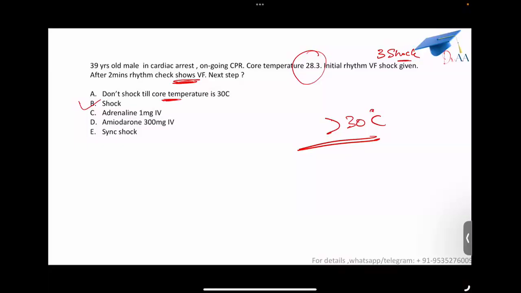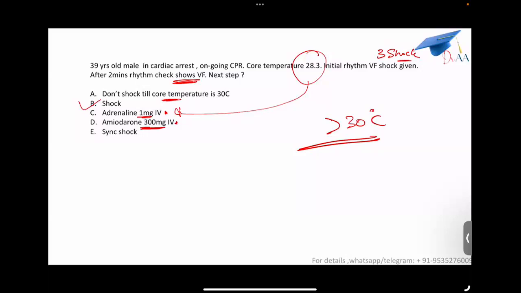Adrenaline, can we give adrenaline or can we give amiodarone? So what will be the next best step? If after 30, amiodarone, give 300 milligram. Because of the temperature, adrenaline is not recommended.